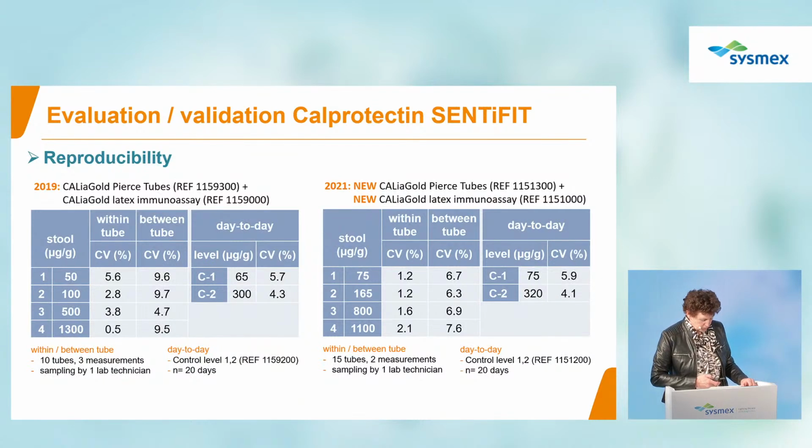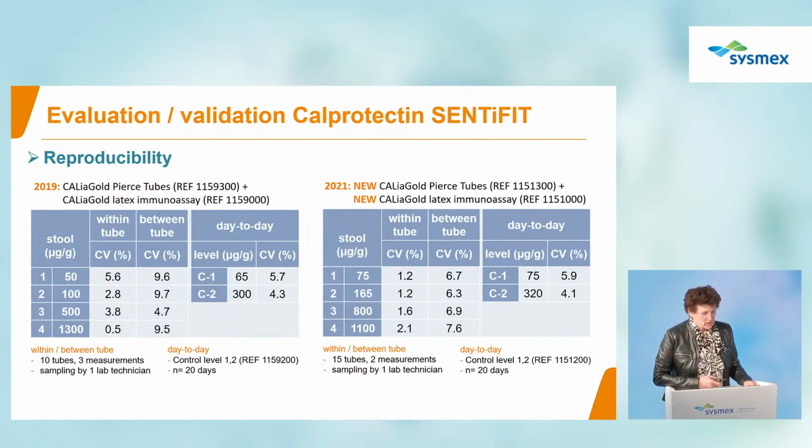And between the tubes, when we sample more times, as you can see here in the second row, it is lower than 10%, which is good for an assay like calprotectin. The day-to-day variation we also checked for 20 days. In the control sample materials, we also had a percentage of variation of about 5%.